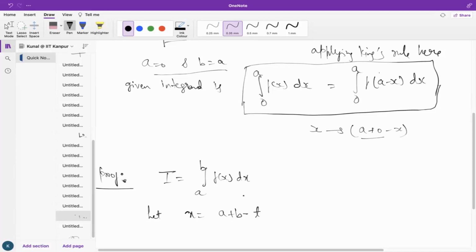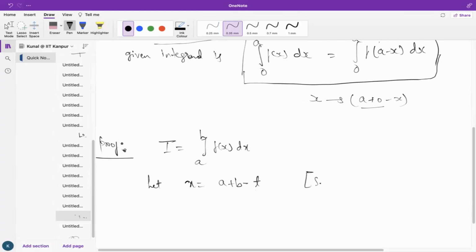Let us suppose we are substituting the value of x as a plus b minus t. Differentiating with respect to x, we get minus dt, because a and b are constants here. So we get dx equal to minus dt.